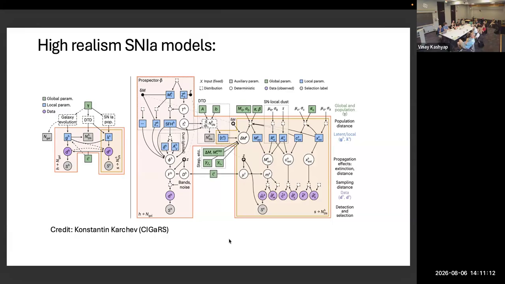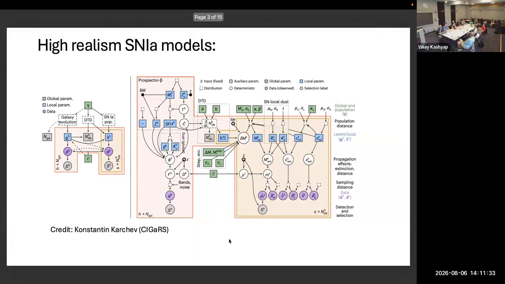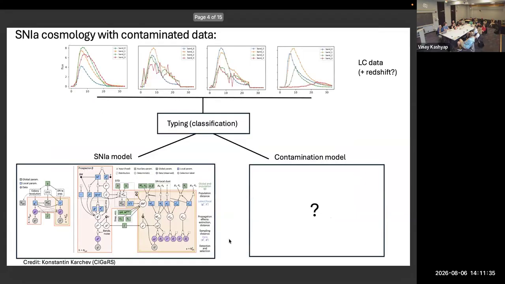We have very high realism models here as a simulator, where things are very well known with a very high level of realism. So if we have a pure type 1A sample, things look great. Unfortunately, that is very wishful thinking, but let's assume that we can model some part of the data, compared to this question mark that we have.